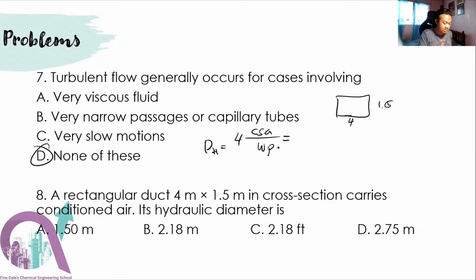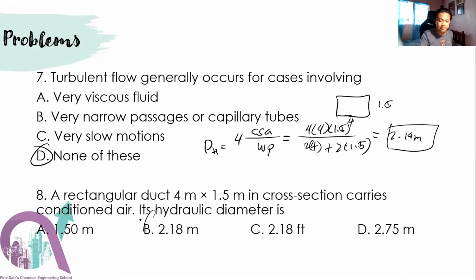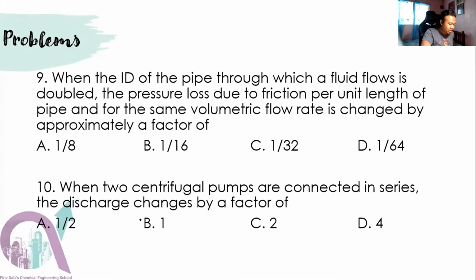The cross section area is 4 times 1.5, and then the wetted perimeter, the perimeter of that, is 2 times 4 plus 2 times 1.5. That's 2.18 meters. Okay. Number 9.